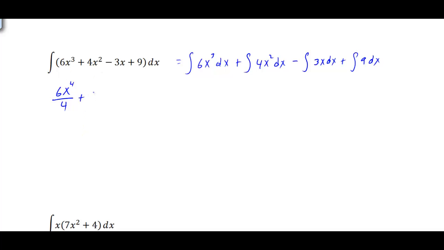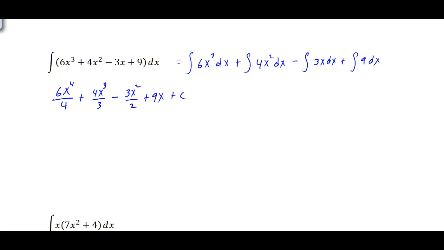And then we have 4x squared, so that becomes 4x cubed divided by 3, minus 3x squared divided by 2. And then 9, we simply multiply the x, so that becomes 9x. And you don't want to forget there's always a plus c for any constant that's added on.